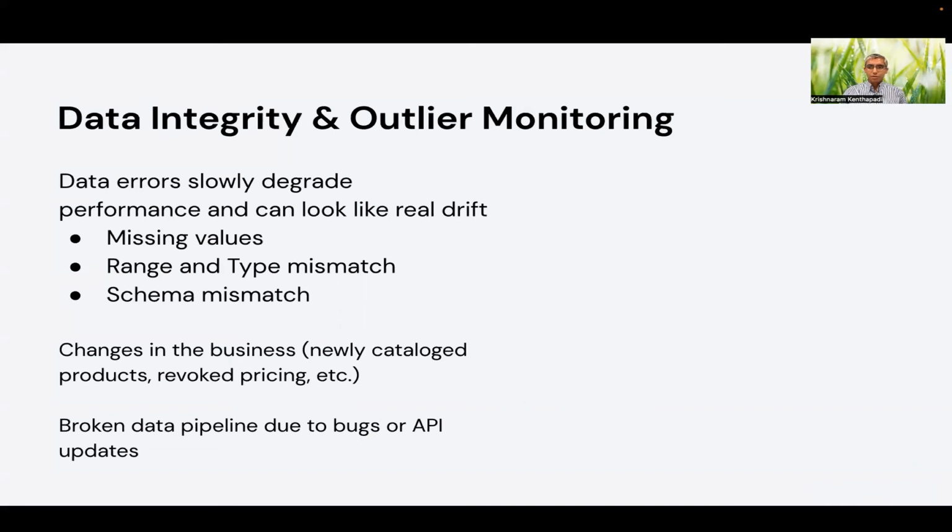These can range from missing values, or say range or type mismatch, or even schema mismatch, changes in the unit of measurement, swapping of maybe two features, and so forth. Again, this can be due to data pipeline bugs, or possibly changes in some parts of the system which may not be reflected in other parts of the system, or even possibly changes in the business itself.